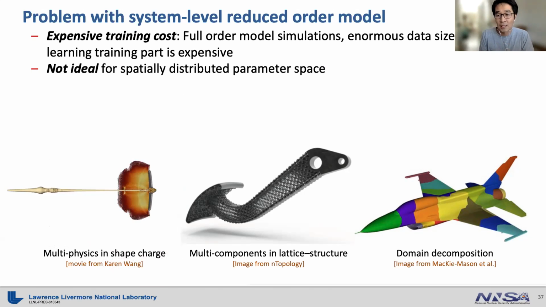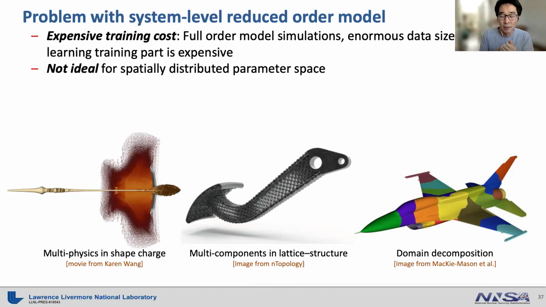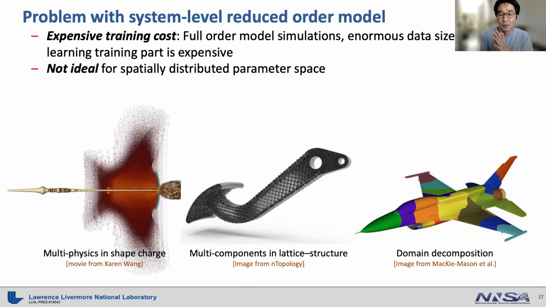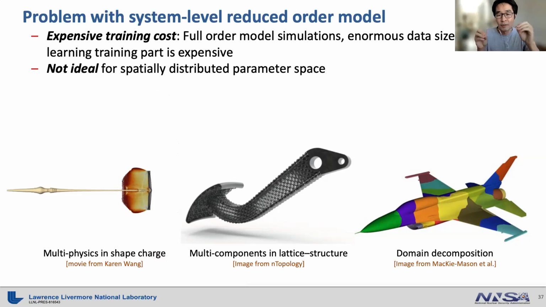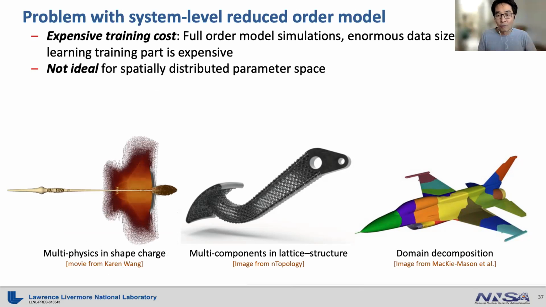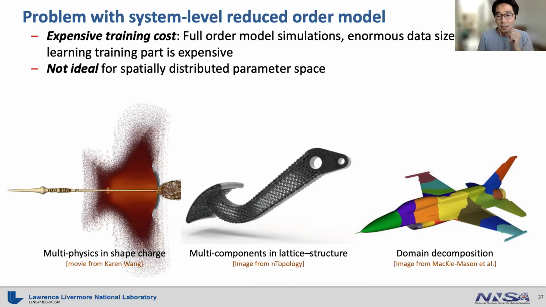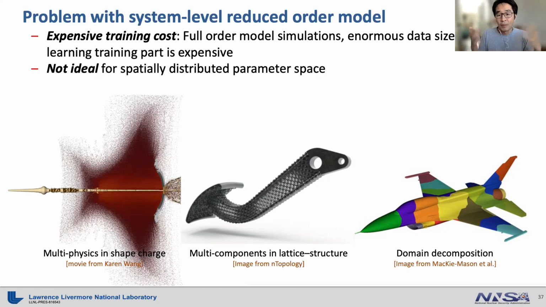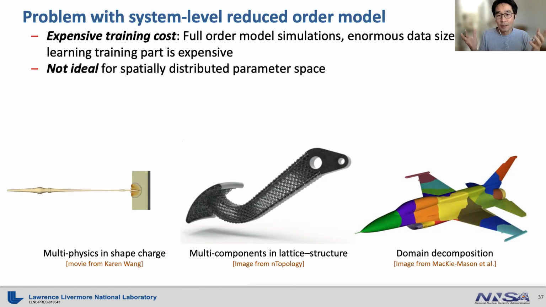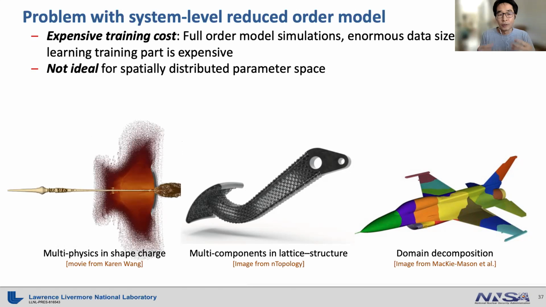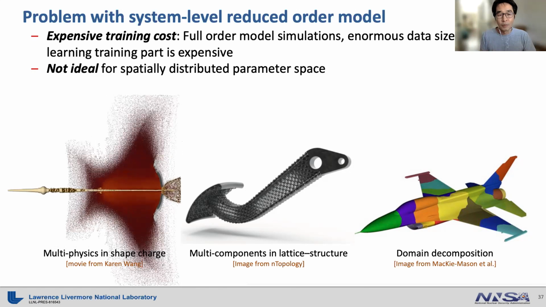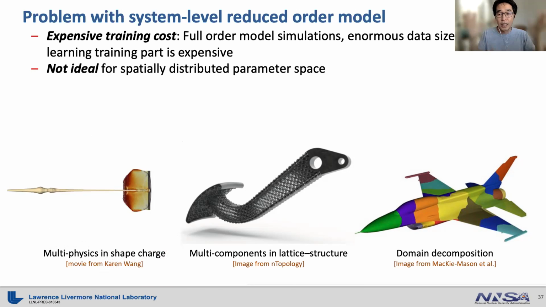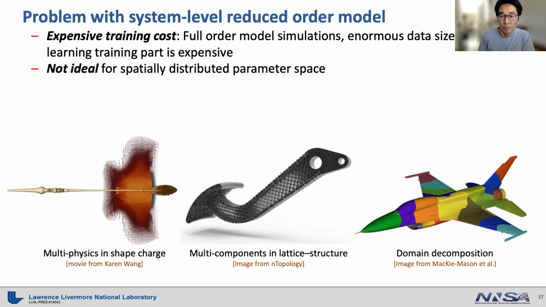That is often the case in topology optimization, where the parameter is the density variable, which is distributed over the whole space. So the high dimensional parameter space causes a problem too, because the number of samples you have to collect for simulation data increases exponentially, so that it becomes intractable.